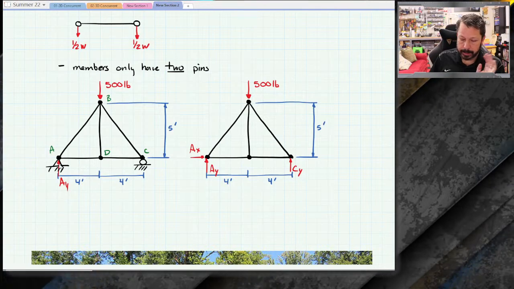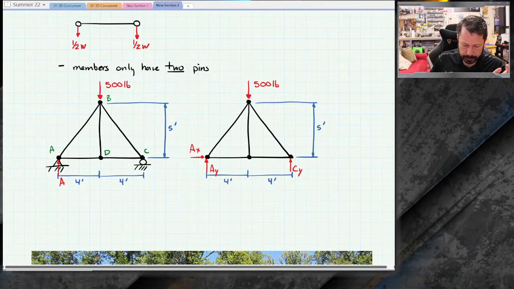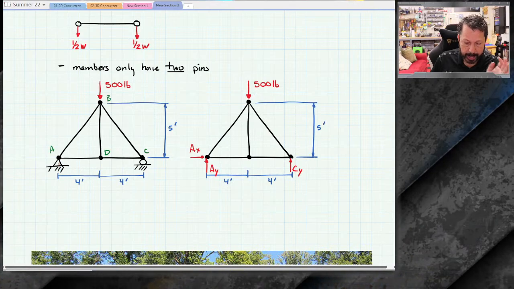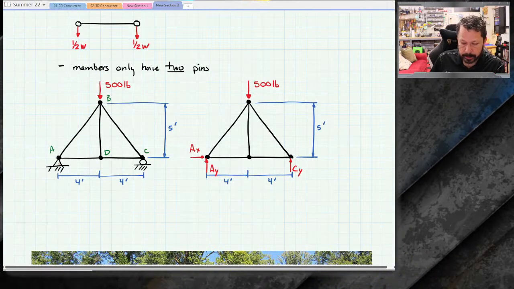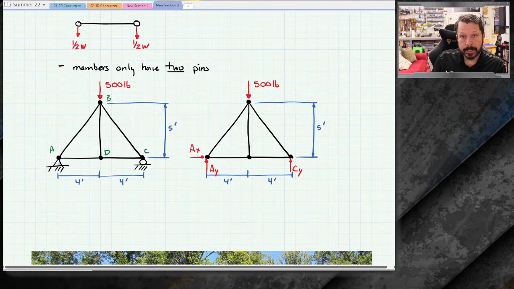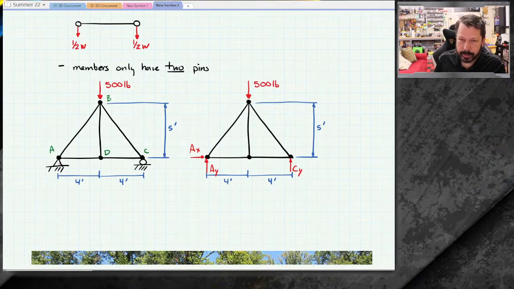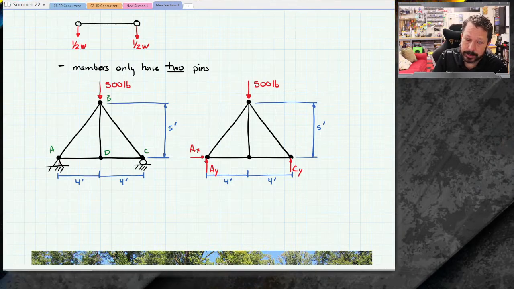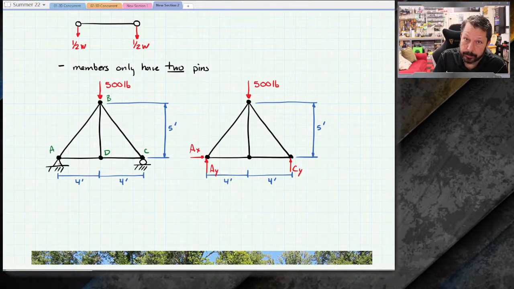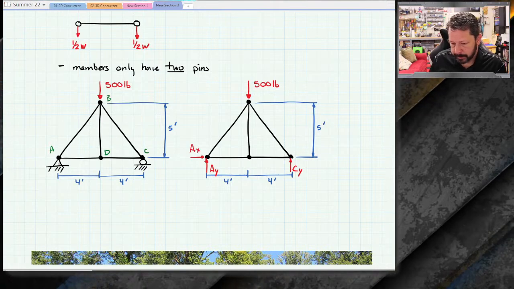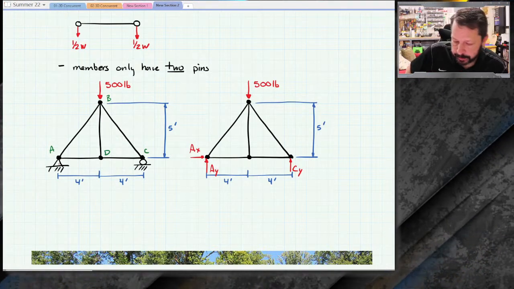So it is much better, it takes longer, but it's much better to create an actual free body diagram, get rid of the pin and the roller, and put the pin reactions and the roller reactions on an actual free body diagram than trying to draw them on top of just a sketch or a diagram, not a free body diagram. So just be aware of that.